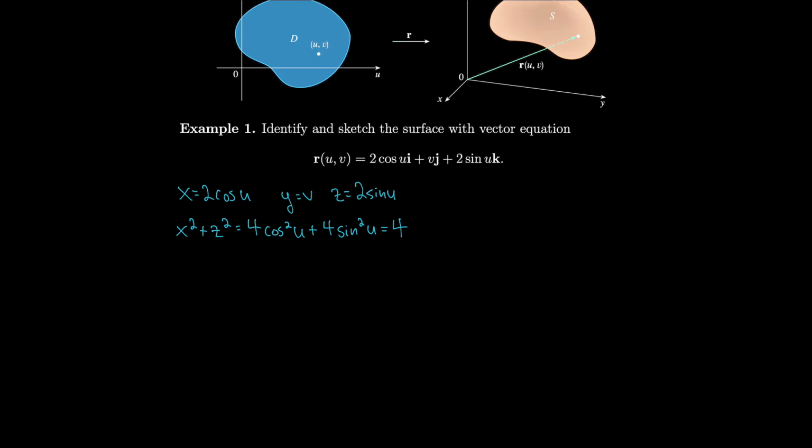Well, that's the equation of a cylinder with the axis the y-axis. So let's see if we can draw that. How about I do these lines for my cylinder first? Maybe this will come out better. I don't know if I wanted it that long. Yeah, maybe a little bit smaller.